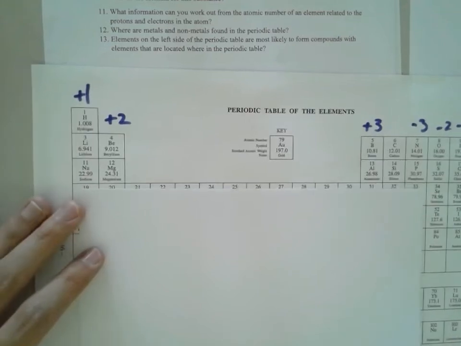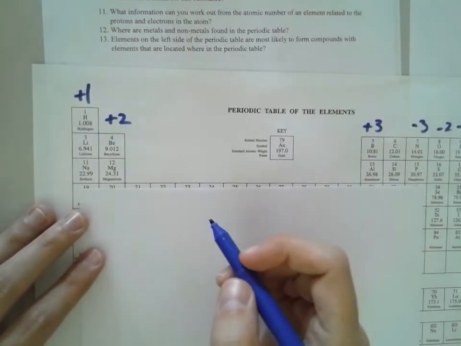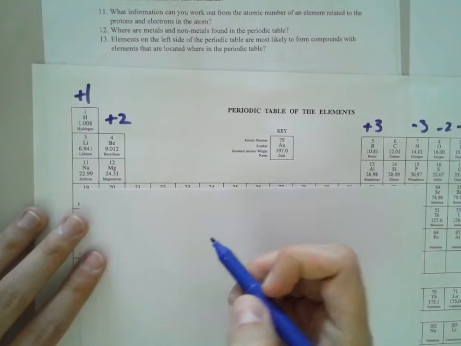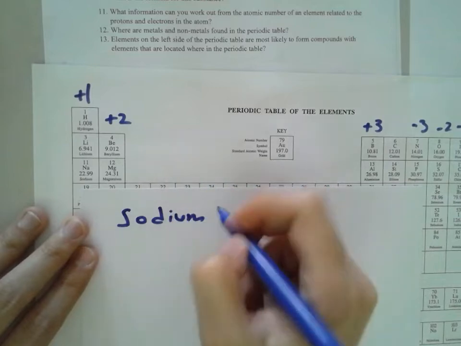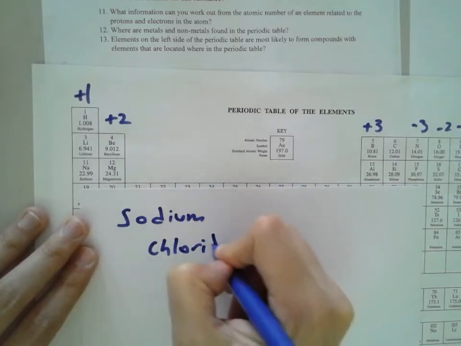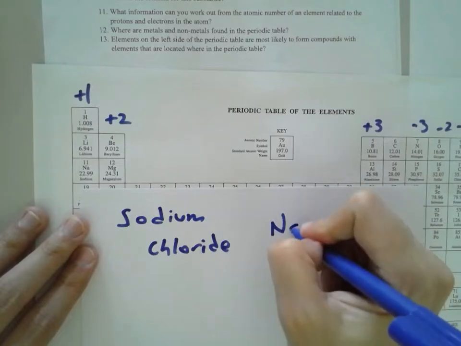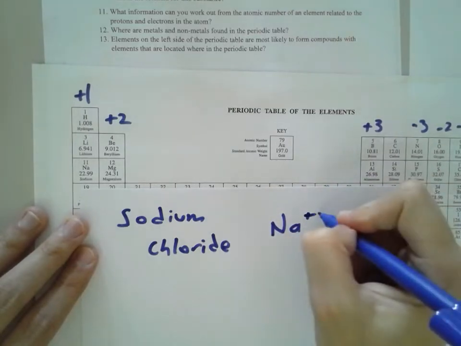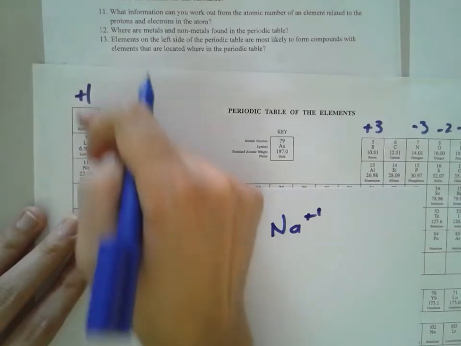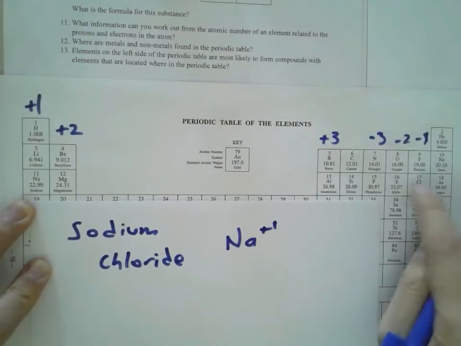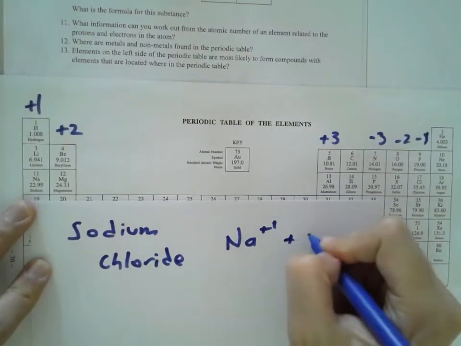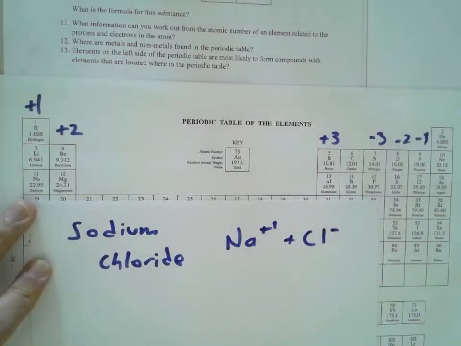So the easiest example to use is always sodium chloride, the salt that we eat in food and that's present in the ocean. So we have sodium chloride, which is Na+, because Na is in this group, and it is adding up with Cl-, -1.